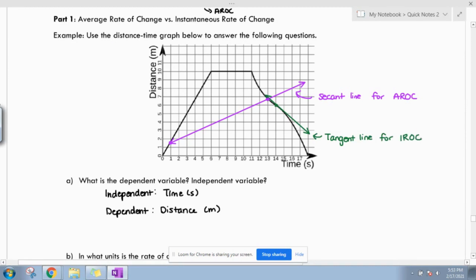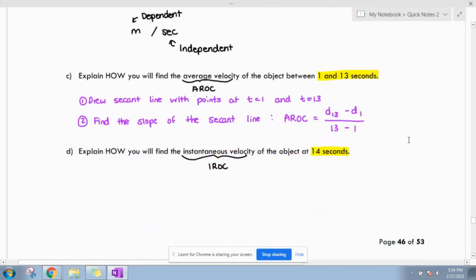Now, because there's no formula, we have to rely on what we have graphically. So I'm going to scroll back down. And for question D, the first part that we did here was that we drew a tangent line at t equals 14 seconds. And then in order to figure out the instantaneous rate of change, since we don't have a formula, we would have to figure out the slope graphically by looking at rise over run.